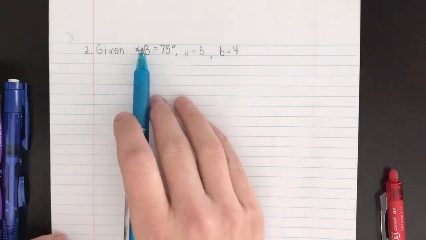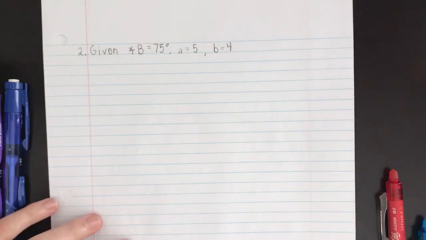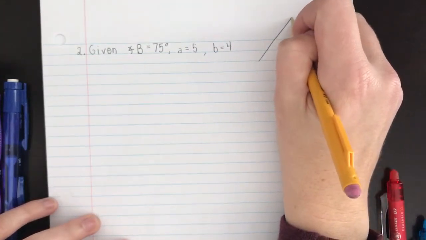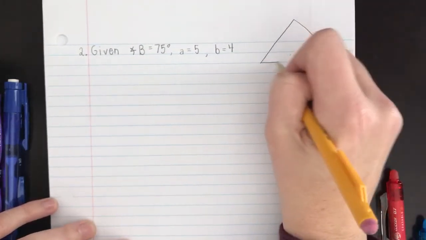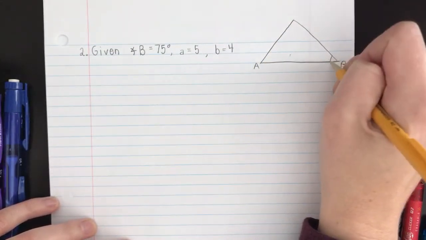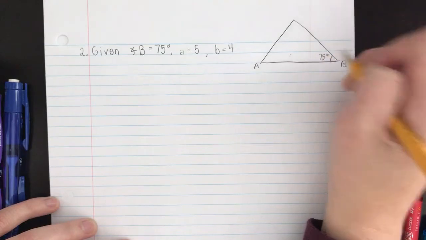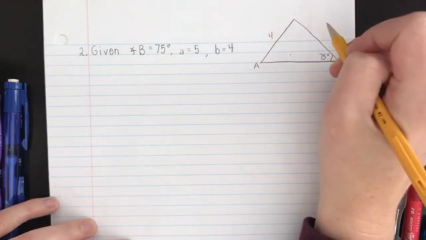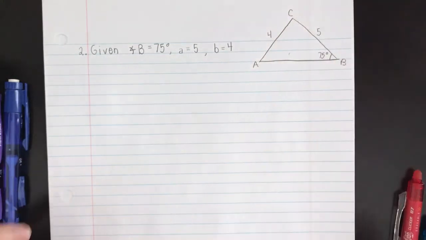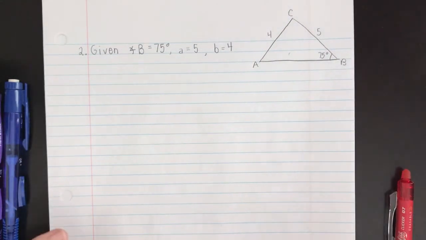Now given angle B is 75 degrees, side A is 5, and side B is 4. If you need to see the triangle, angle A we don't have, angle B is 75 degrees, side B is 4, side A is 5, and both angle C and side C we do not know.